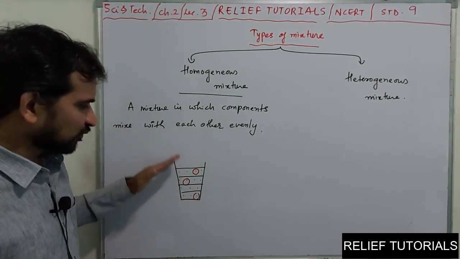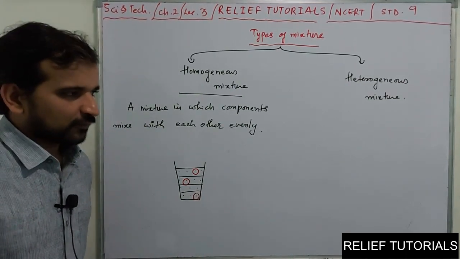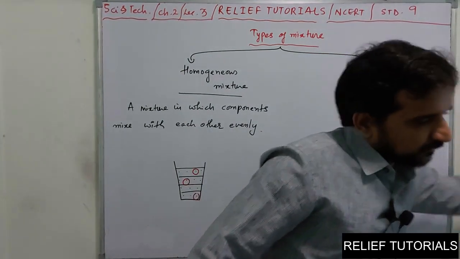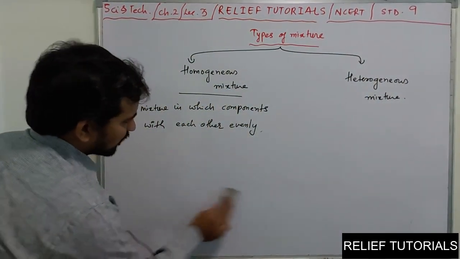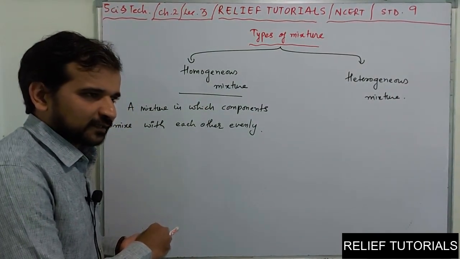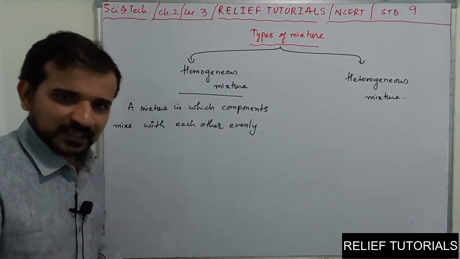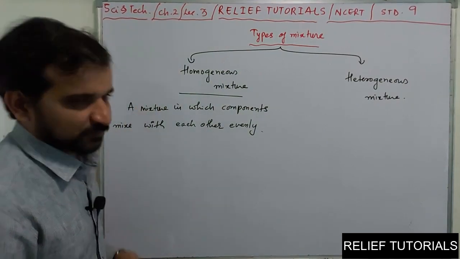Wherever you look, the salt will be in equal amount in water. This type of mixture is called a homogeneous mixture. Same way, if you dissolve sugar in that water, you will see that those particles again will be distributed equally. So this is called a homogeneous mixture.